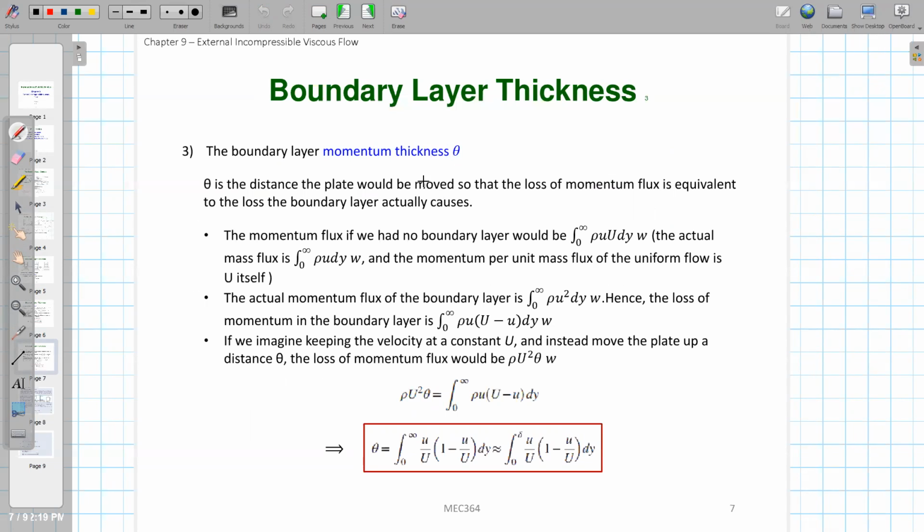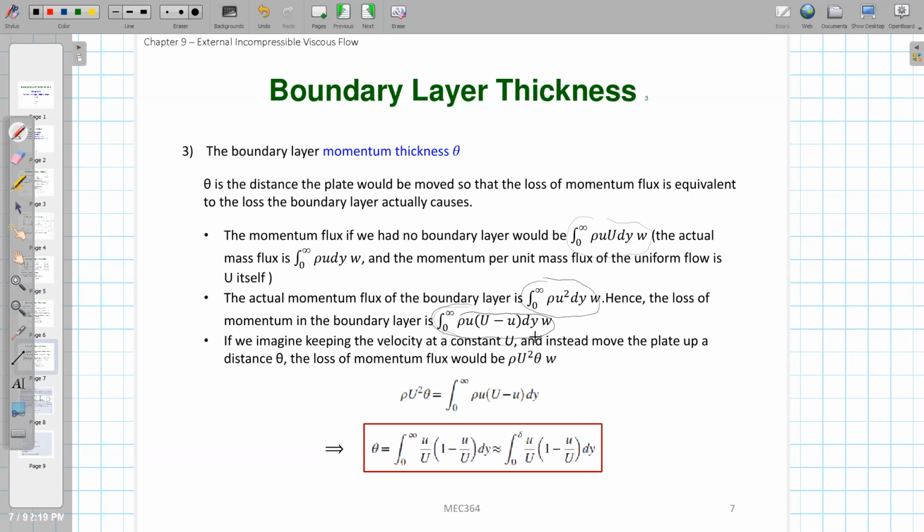And the way to calculate it is the same idea. Without the plate, this will be the overall momentum. With the plate, with the boundary layer, this will be the realistic momentum. So the difference between without the boundary layer and with the boundary layer is this one.